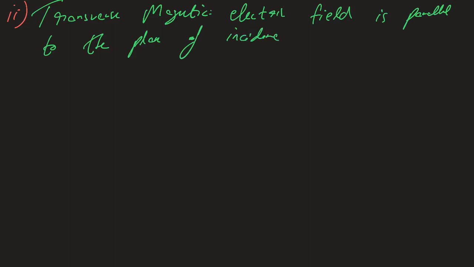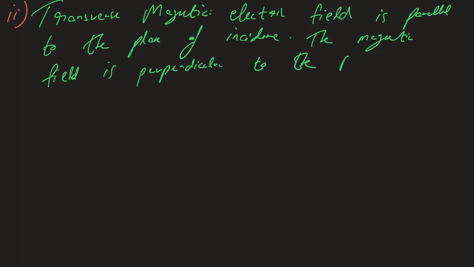Okay? That is, if you go to the diagram on the previous slide, the electric field is in the same plane as the plane of incidence, which means that the magnetic field in this case is in fact perpendicular to the plane of incidence.